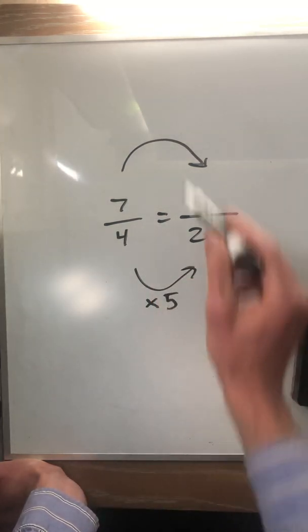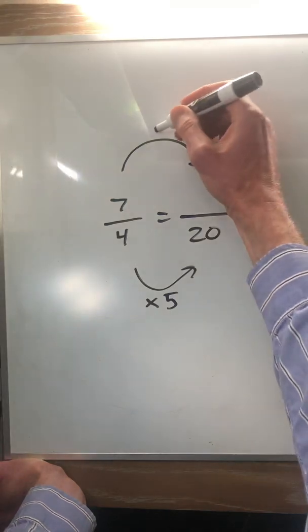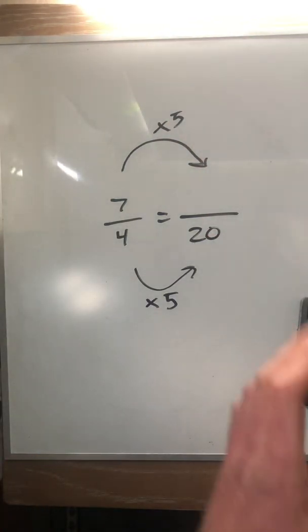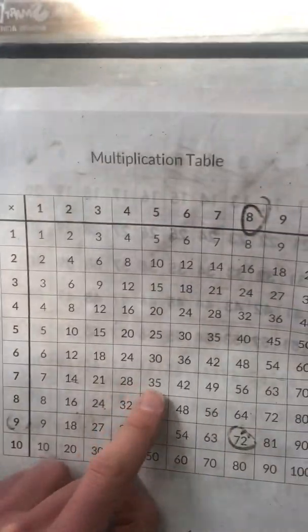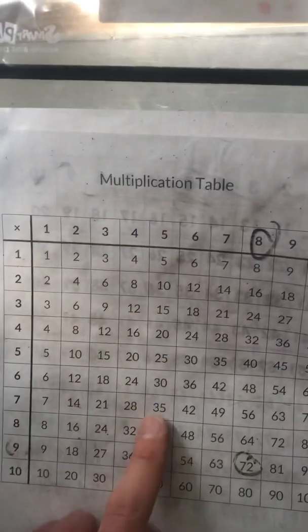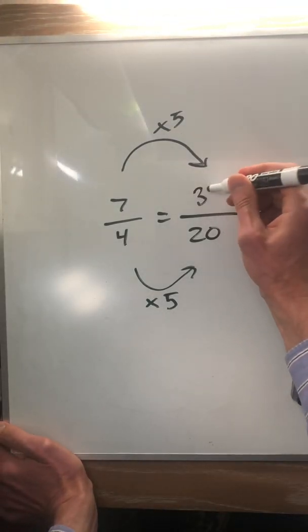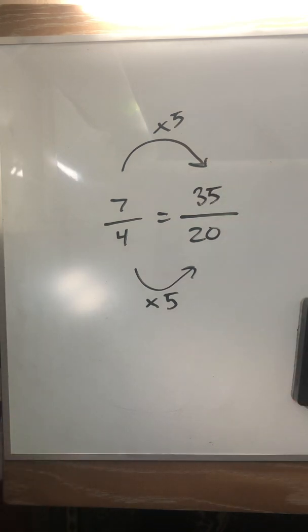So whatever you do at the bottom, you do the top. 4 times 5 is 20. So I say, well, what's 7 times 5? And I'll know how many pieces I have. So I get out this guy if I don't remember. 7 times 5 is 35. So I just solved it.